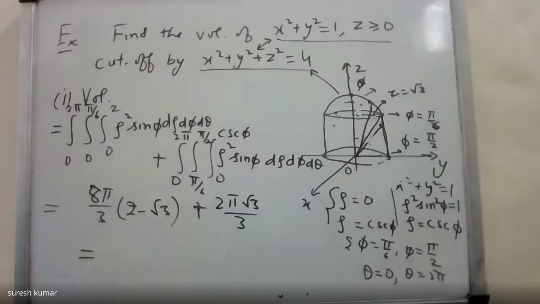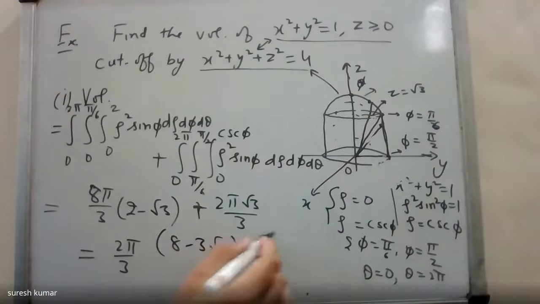Check these answers. Final answer should be 2 pi over 3 into 8 minus 3 root 3. Okay. This is the final answer. Verify it and let me know if you find some different answers. Okay.